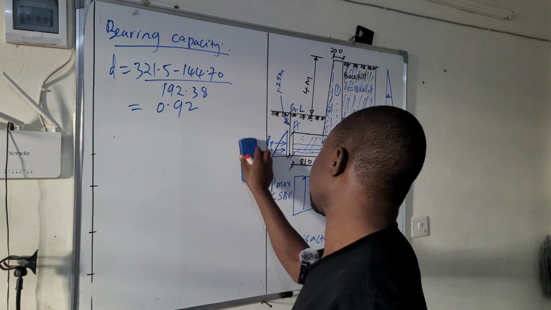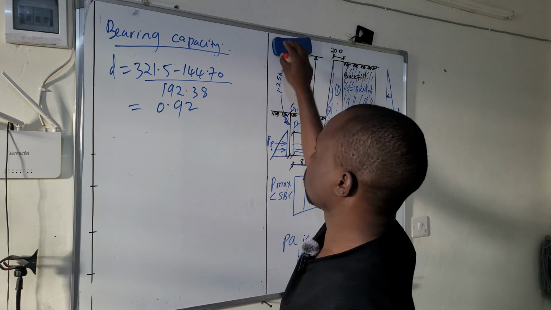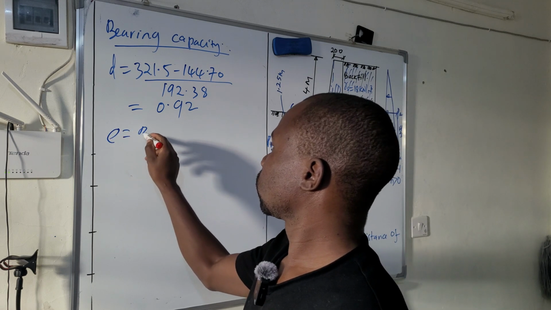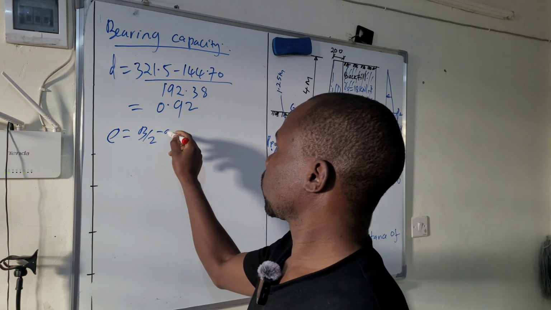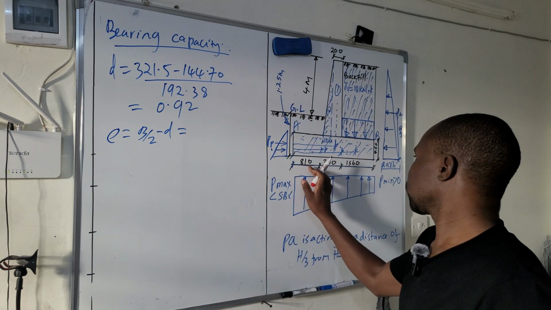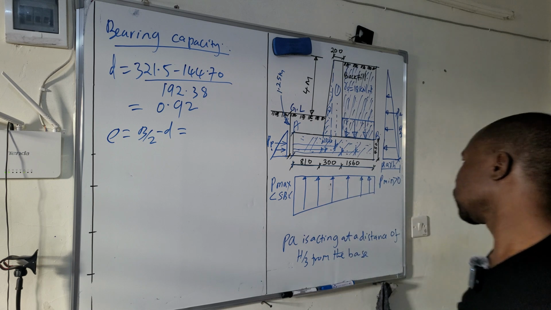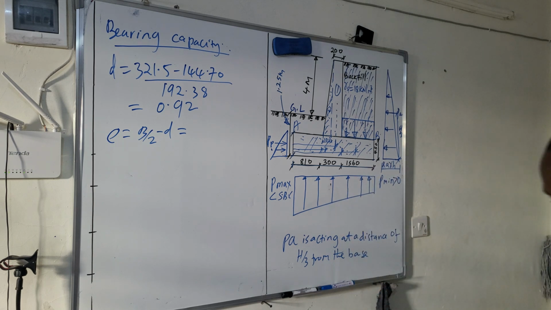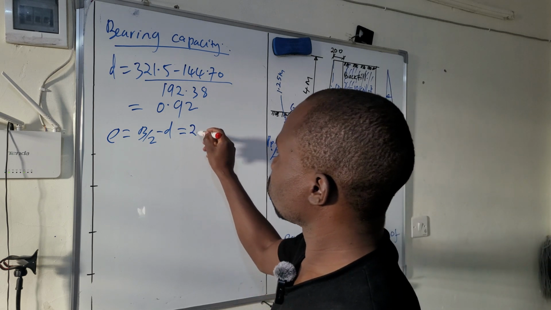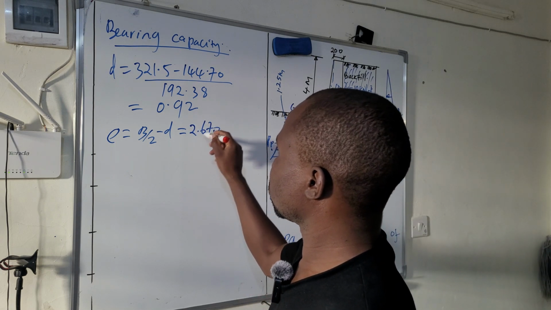So let's proceed and get our E. E is equal to B over 2 minus D. B, if you add 810 plus 300 plus 1560, you will get 2.670.